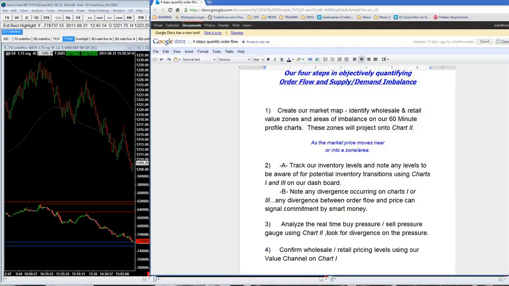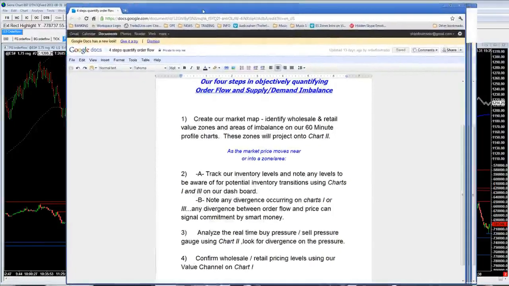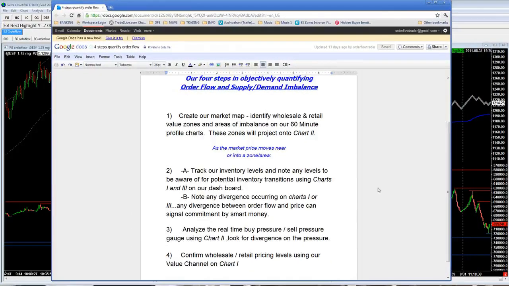But initially, you're going to wait for the more important type of conditions to be in effect. Does that make sense, everybody? Four steps.